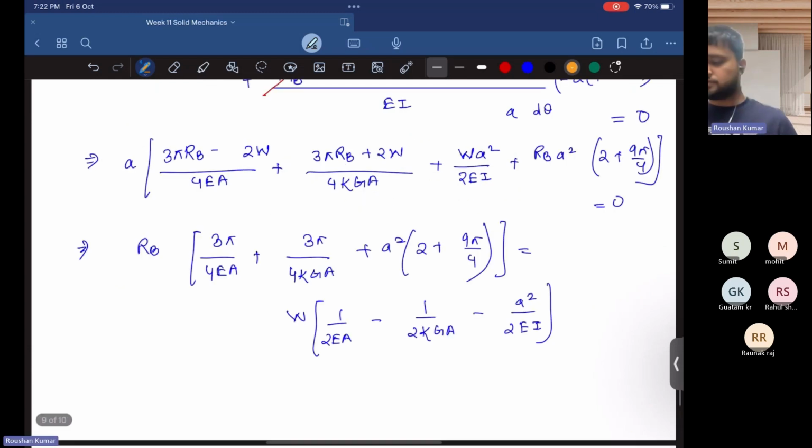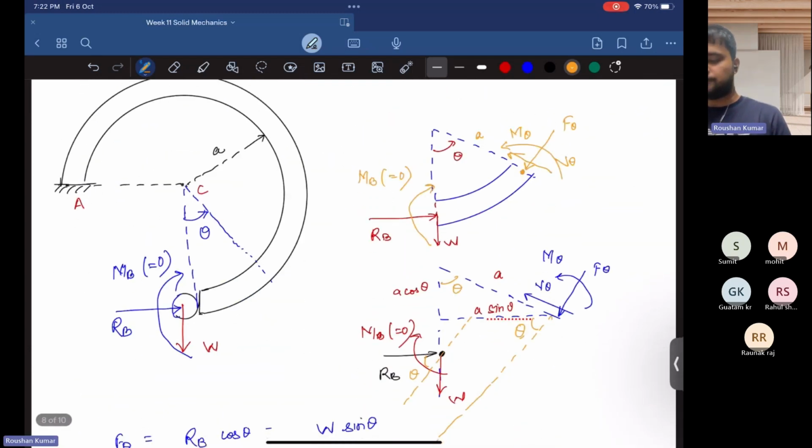So the vertical displacement is given by taking the energy derivative with respect to the vertical load, that is W, using the Castigliano theorem.